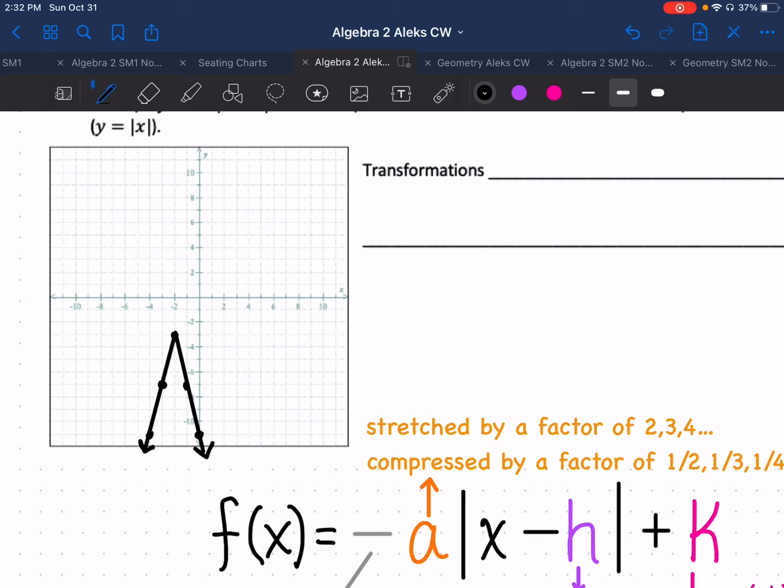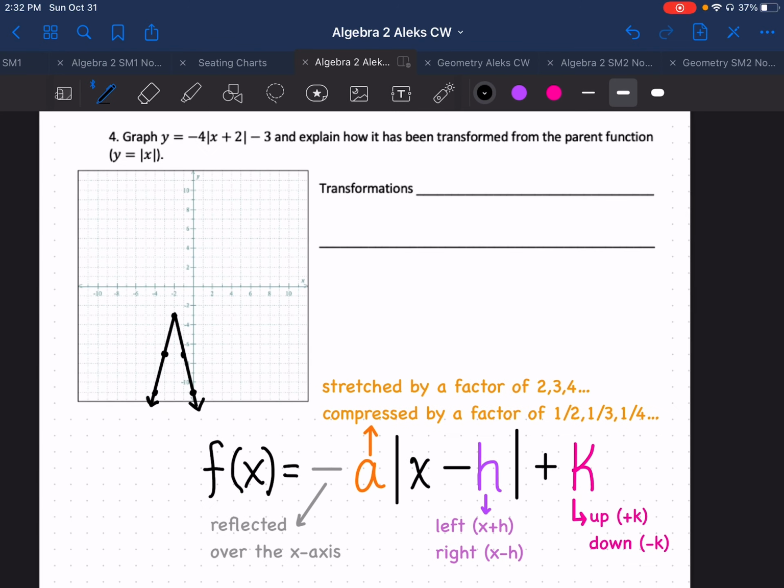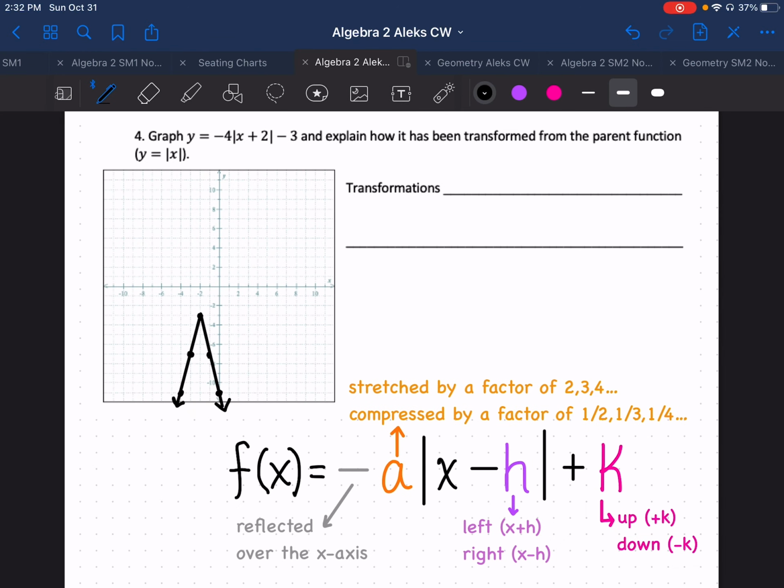Now I need to make sure that I write down everything that happens. And I'm going to follow along exactly. So the first thing you need to look for right after the equal sign is, do you have a minus? So go ahead and look right after your equal sign. Do you have a minus? I do. So I am going to write these words.